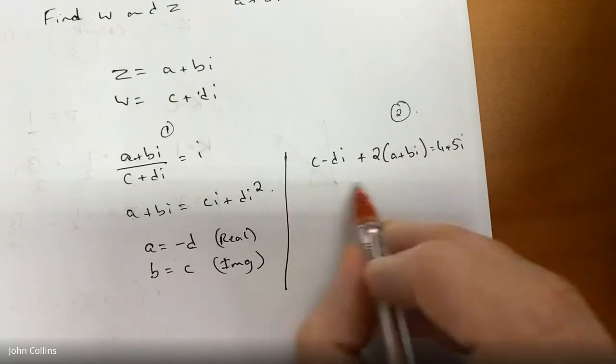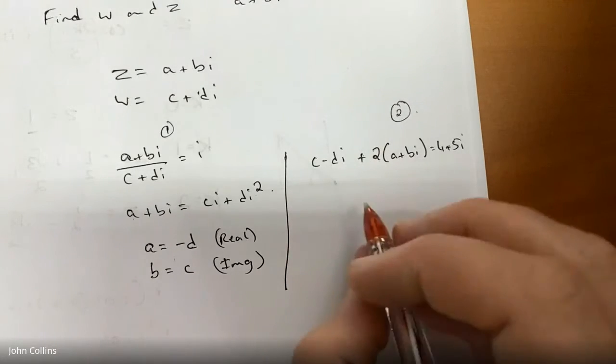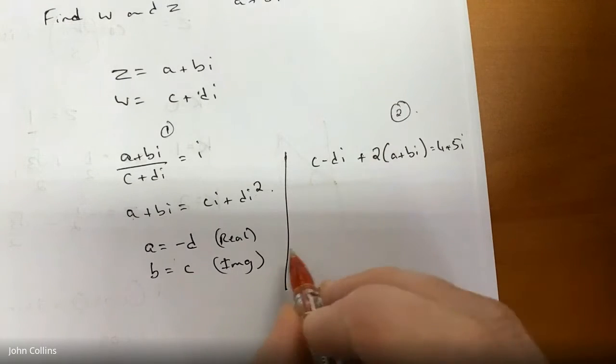I substituted negative D into A, and I substituted C into B. So subbed in, I got C minus 2D plus 2CI minus DI equals 4 plus 5I.